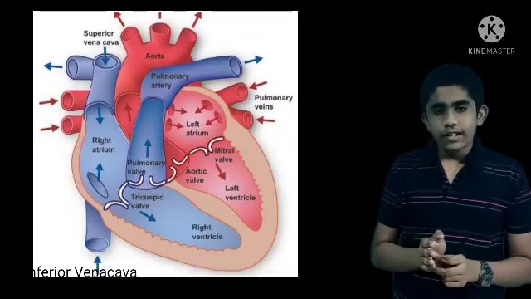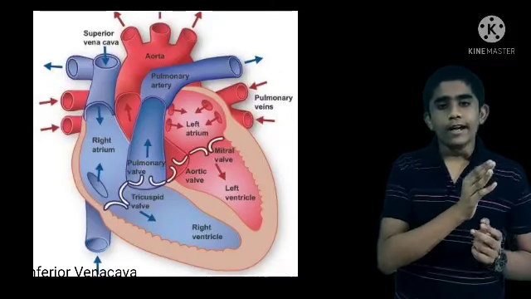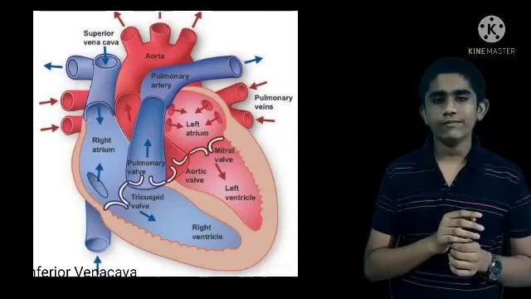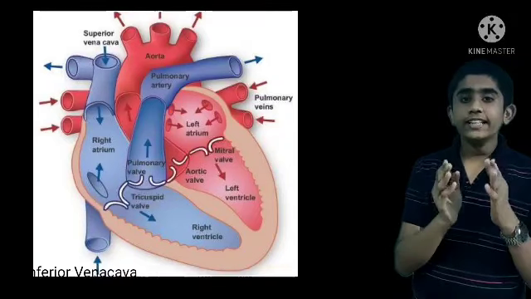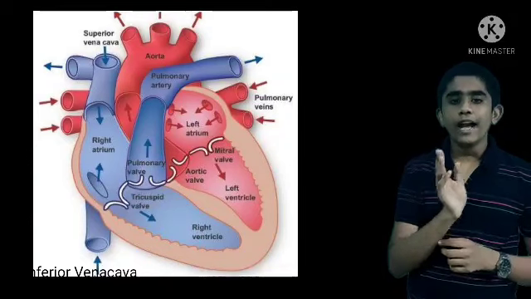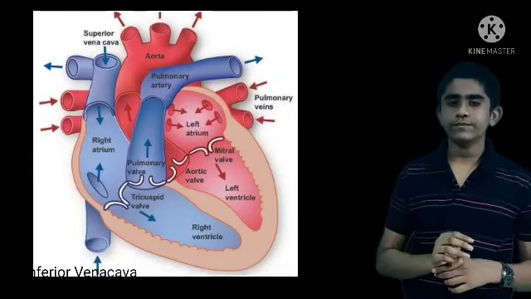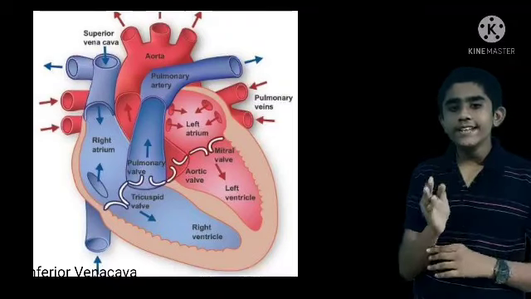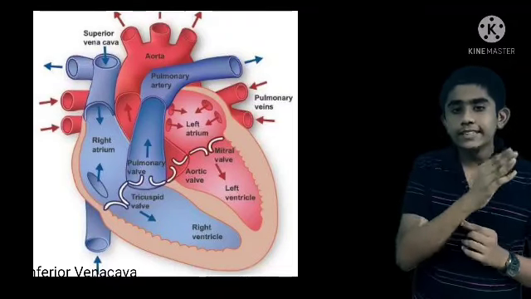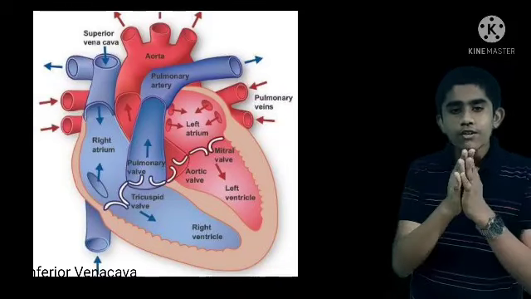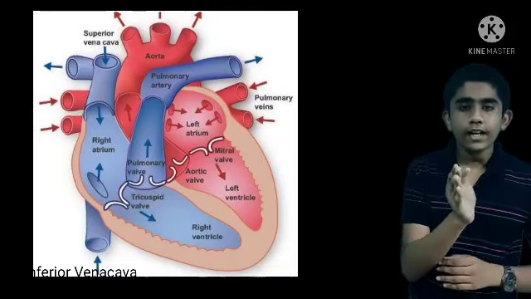From the right ventricle, the blood can't flow back. Someone should have that doubt. For that, there is the tricuspid valve, which prevents the backward flow of the blood. Once the blood reaches the right ventricle, the valve gets closed, so the blood can't flow back.